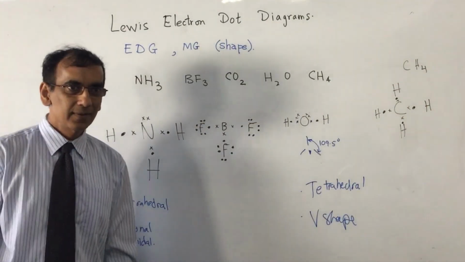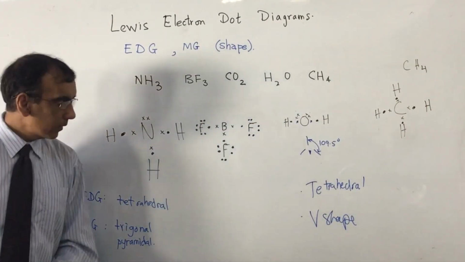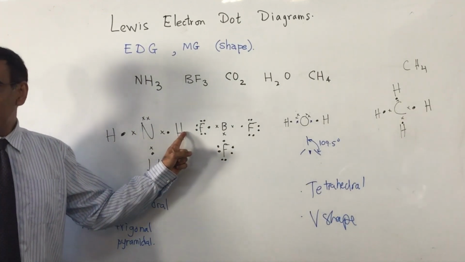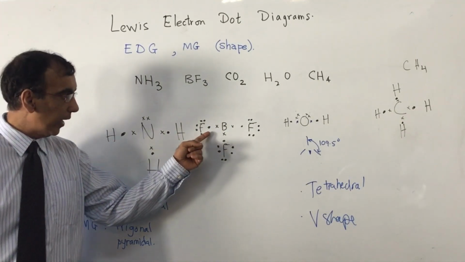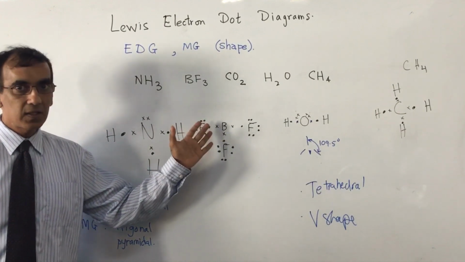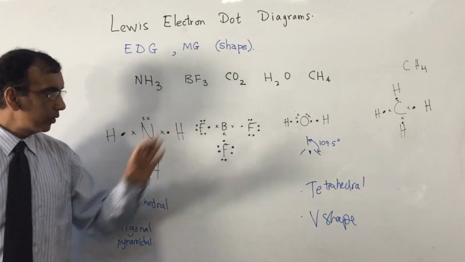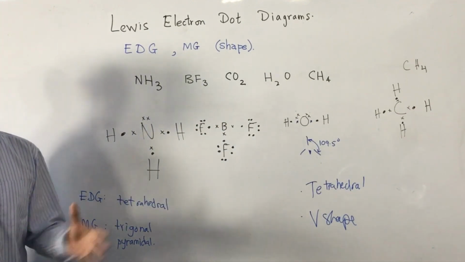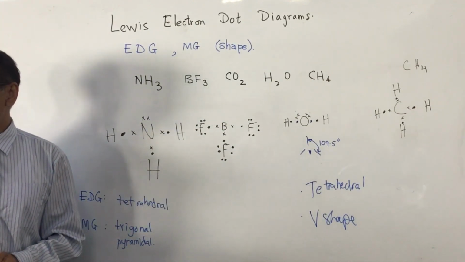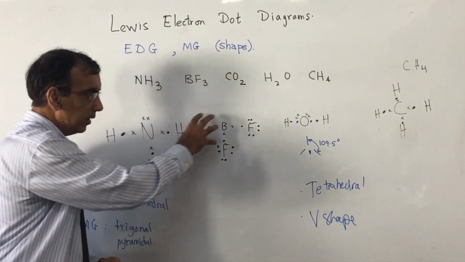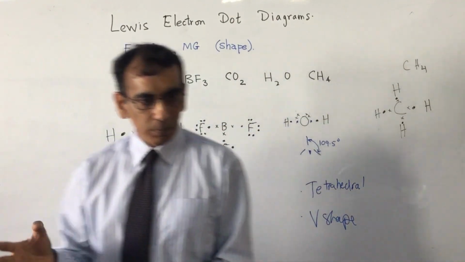Yes, Abhinav. No, just adding to the central thing. Now, about BF3, it's special because you have just 6 electrons in the outer shell of boron, and this is what exists. But what type of bond do you call it when one of the atoms in the covalent bond supplies both electrons?